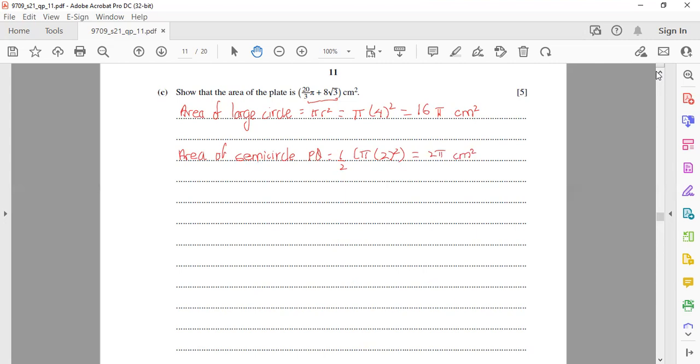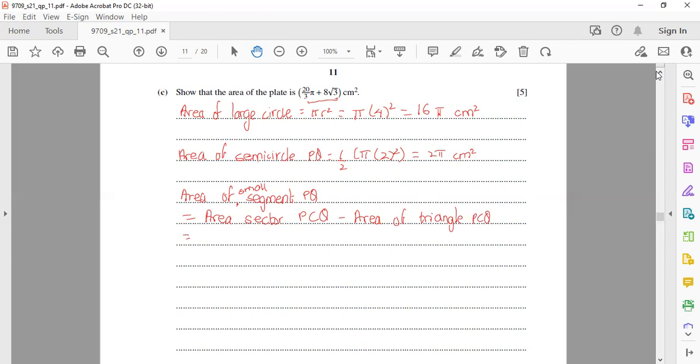All right. Now for the segment, let's say the segment PQ. Area of segment PQ, as I have explained, of small segment PQ will be the area of sector PCQ minus the area of triangle PCQ.